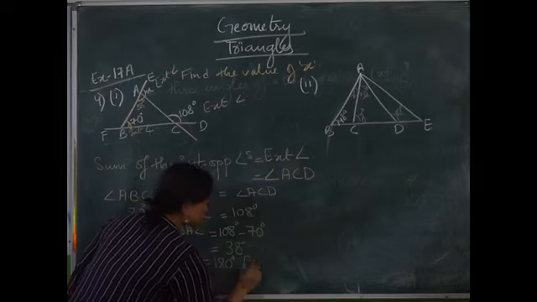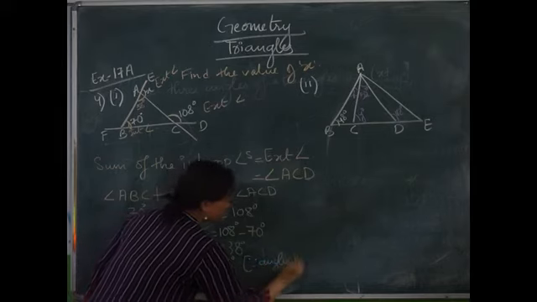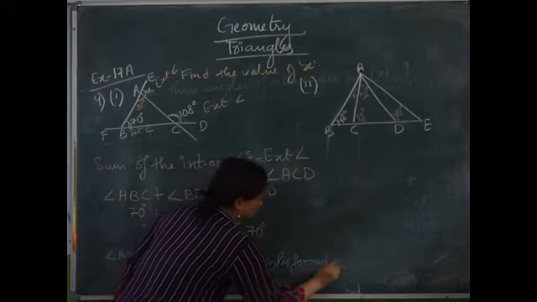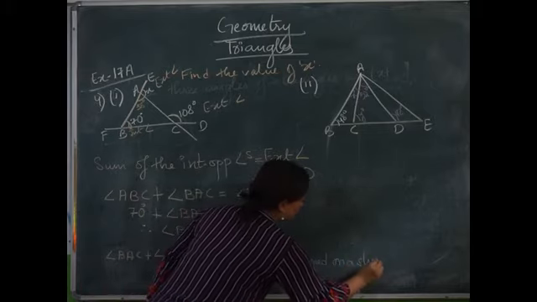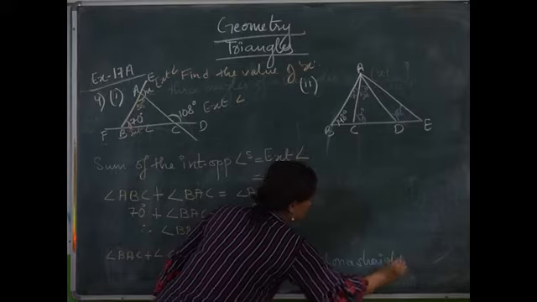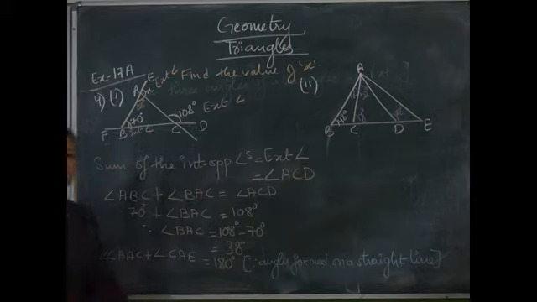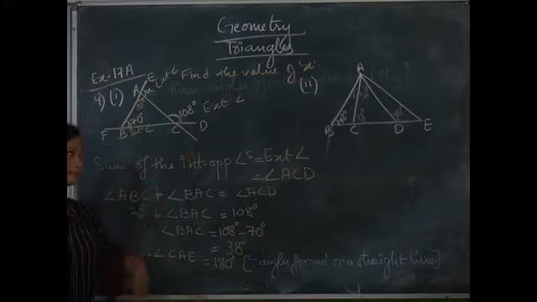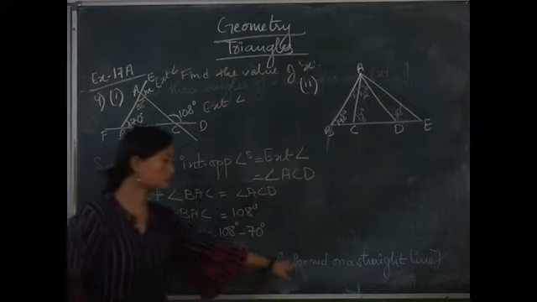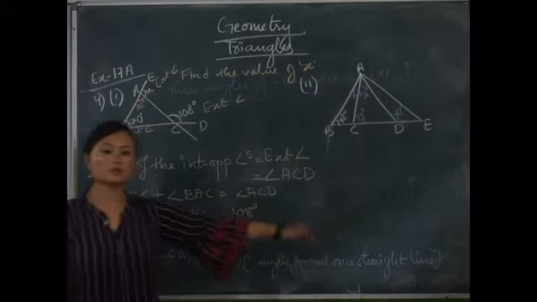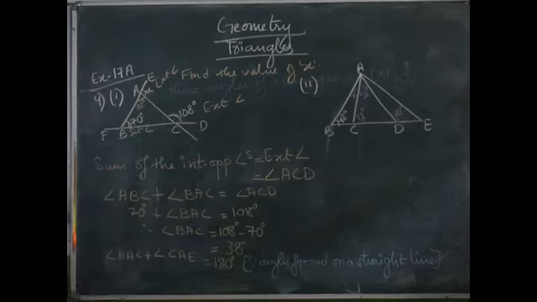The reason is they are angles formed on a straight line. They are also called linear pair, which we will be learning later in the same chapter. For now, just understand they are angles formed on a straight line. You know, a straight angle makes 180 degree, which you have learned in class 6 itself.